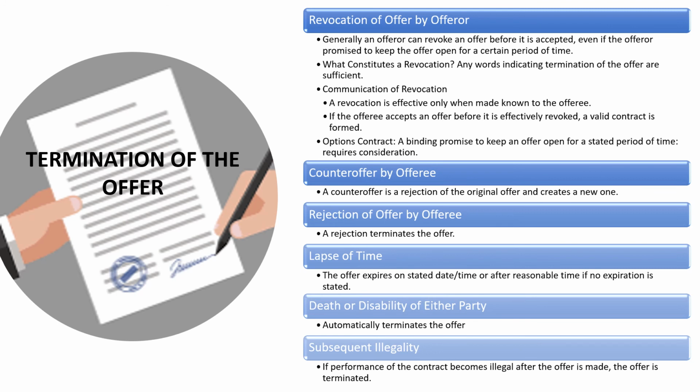So they decide to sell the textbook to the person that they run into. As long as that offeror lets the original offeree know that the offer has been canceled before that first offeree accepts, they can do so. So they can run into somebody else and sell the book all day long as long as they let you know before you, if you were the first offeree, unconditionally accept the original offer.